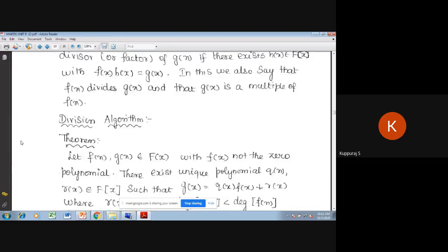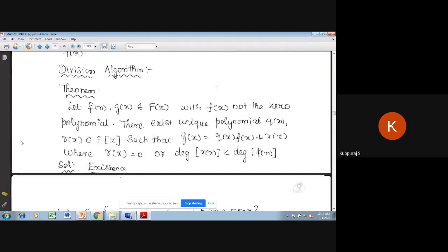Next, the division algorithm. Let f of x comma g of x belong to capital F of x, with f of x not the zero polynomial. There exist unique polynomials q of x comma r of x, which also belong to capital F of x, such that g of x can be written as q of x into f of x plus r of x, where r of x is equal to 0 or the degree of r of x is less than the degree of f of x.